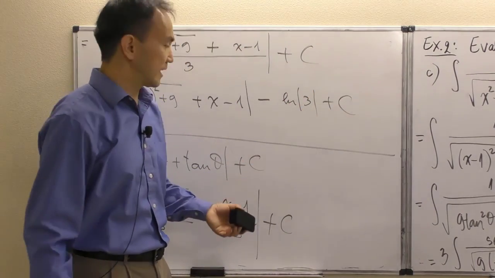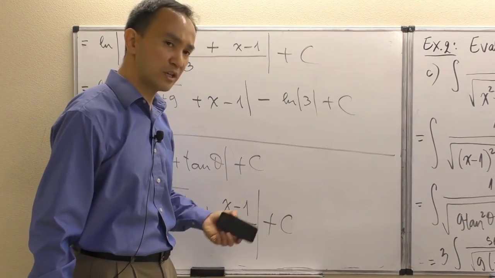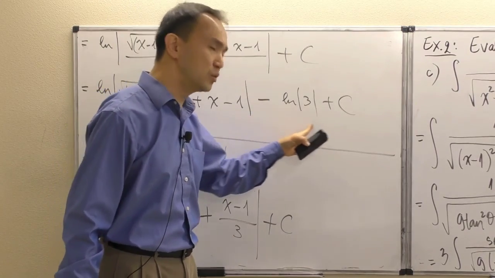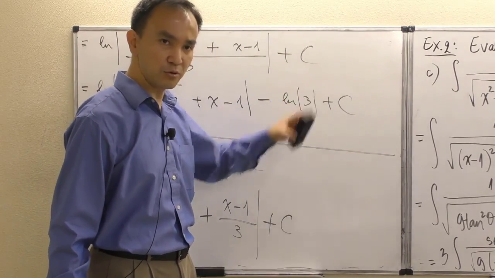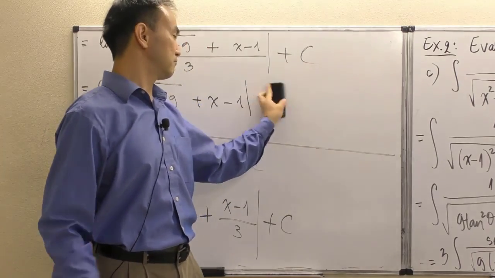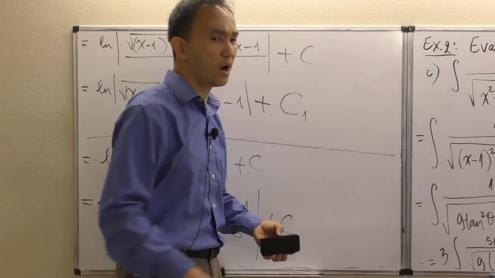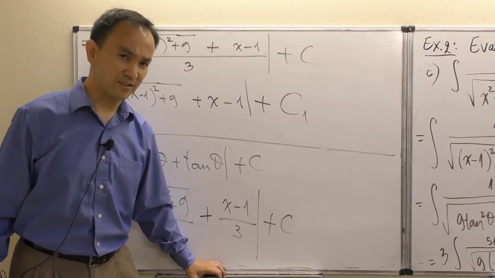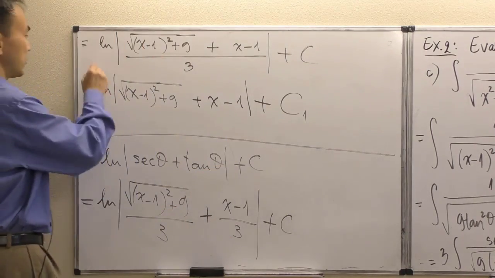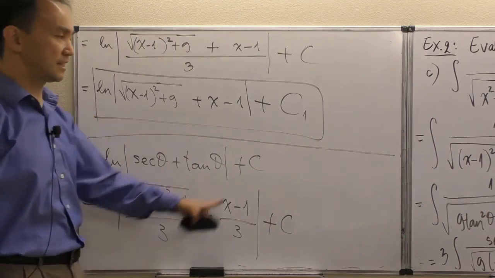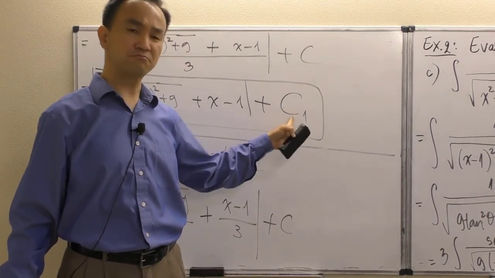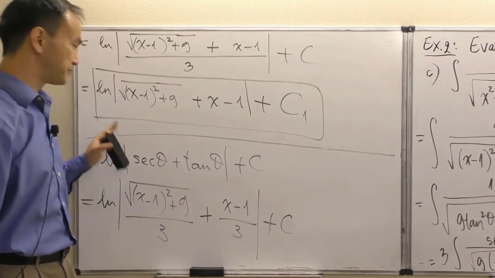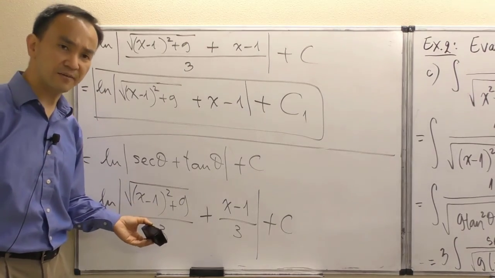Just like the same argument I've made multiple times earlier, we can realize this as a constant. We can also include that together with the c from the previous step to make a different c. For careful purposes I'm writing that as c1, but if you're writing that just as c, nobody has the right to take points off for things like that. So that's your final answer. Just realize that it's going to be a different c from the previous one, but if you're using c here, you should be fine. That's how we're done with our problem here in part C of example 2.